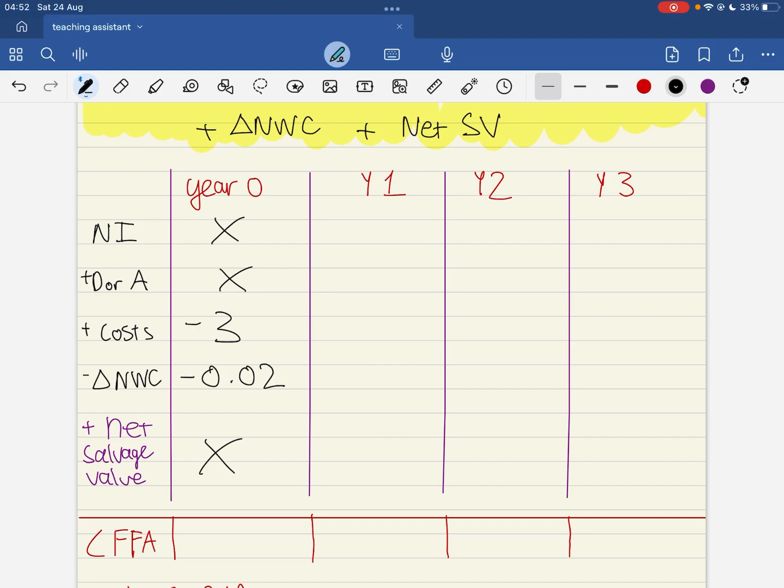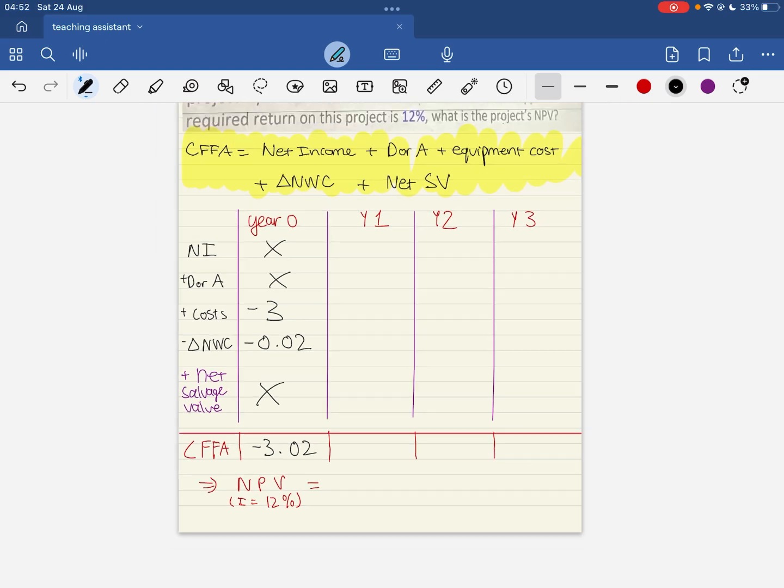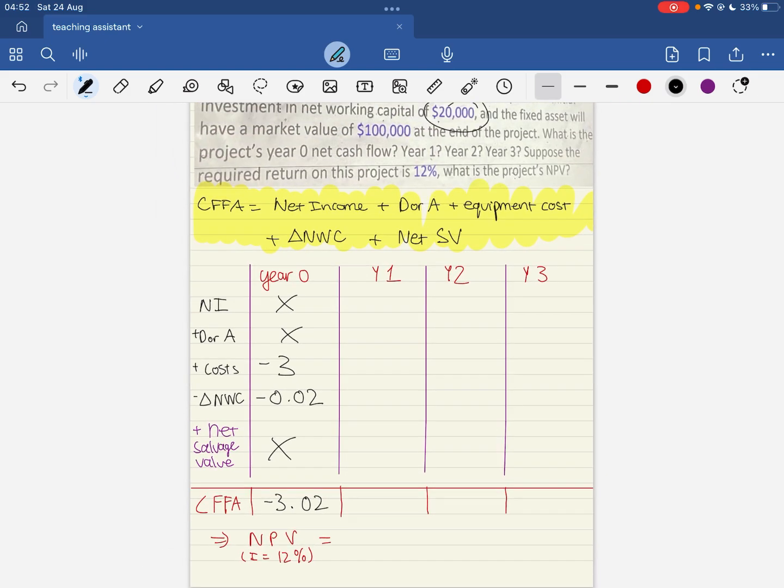So minus $3 million plus minus 0.02 gives us minus $3.02 million. So the cash flow from asset at the current year is minus 3.02.